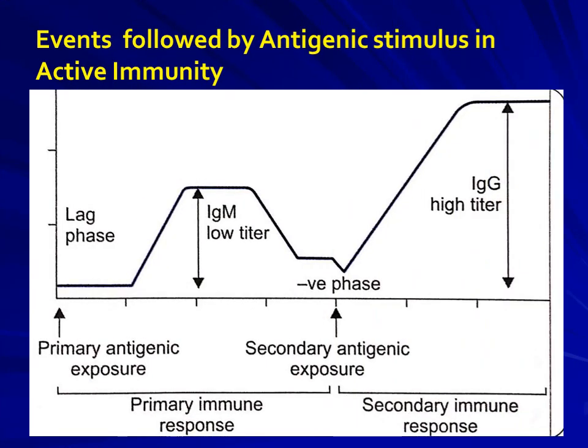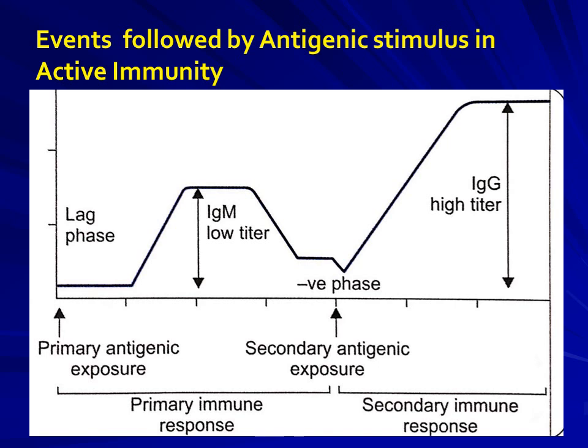And what are the events following the antigenic stimulus in active immunity? When we challenge the immune system for the first time with the antigen, there is a lag for some time, because the immune system has to get ready to produce the antibodies against that particular antigen that entered the body.